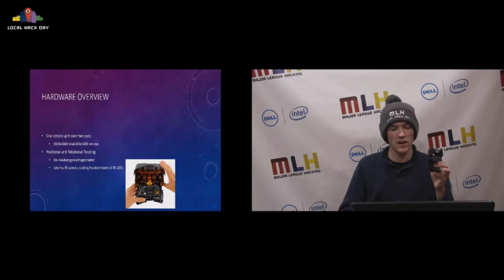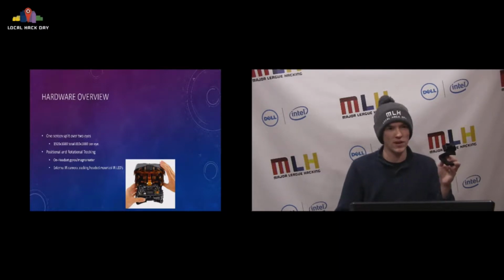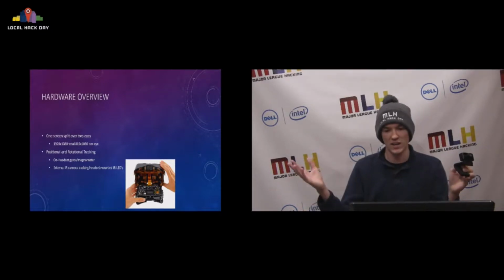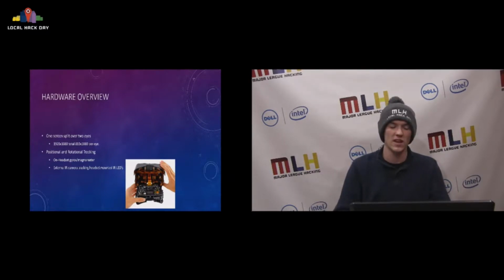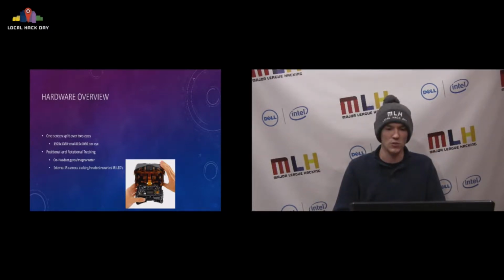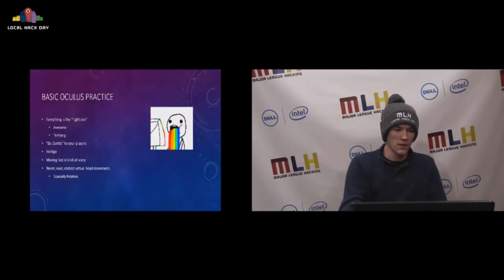Those are all the IR LEDs. They blink at different rates, which lets it know which LED corresponds to which part of the headset, and then they do some tracking magic behind the scenes, and then you can tell where the head is positionally relative to the screen. So that lets your player look around and lean around, and you'll be able to replicate that action inside the actual virtual world.